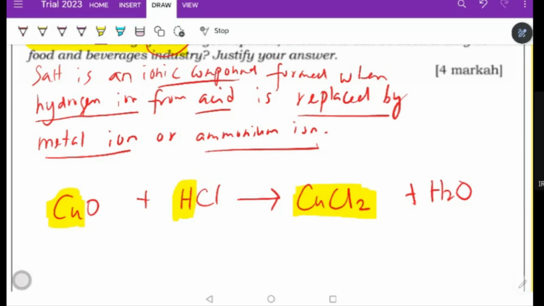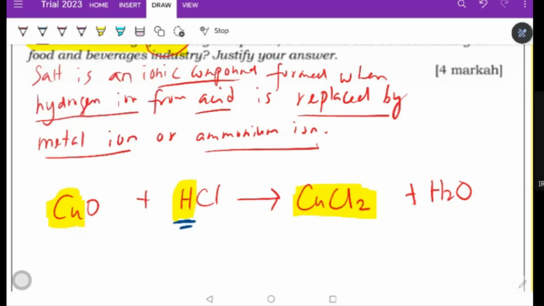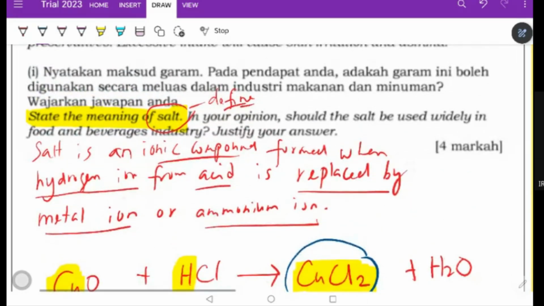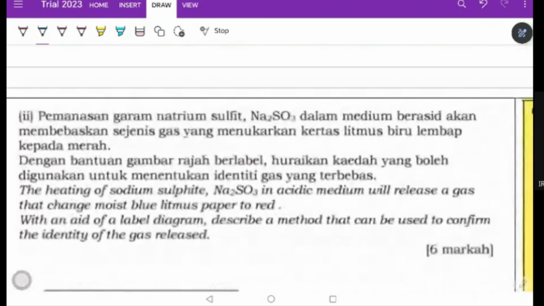Definition for the salt: hydrogen ions from the acid replaced by the metal ions or ammonium ions also can. So this is a salt. The following part, food and beverage, is under Form 5, so no need.